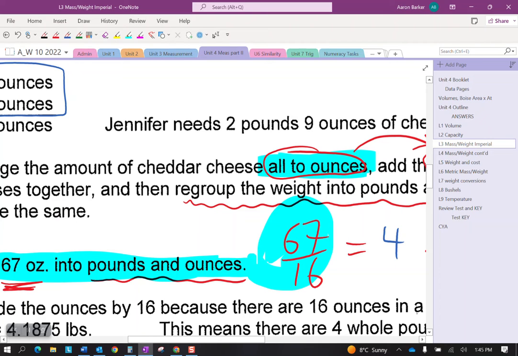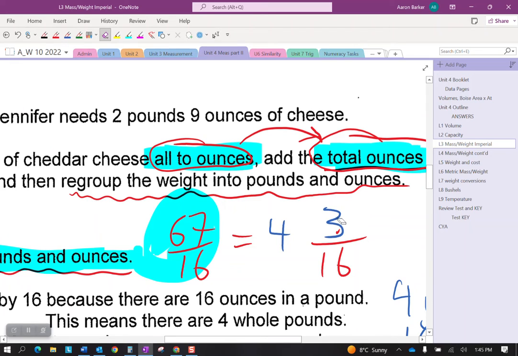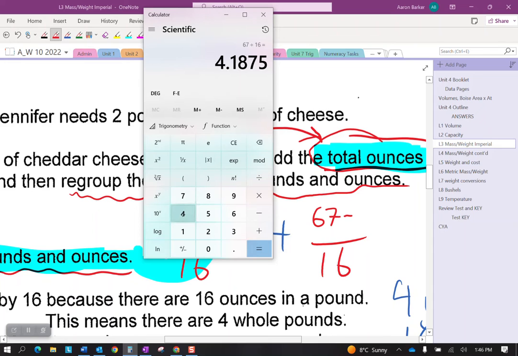Okay. What we have to do now is figure out what's left over. So the leftover part will be 67 minus what? No, it's 4 groups of 16. How much is 4 groups of 16? 64. 4 times 16, 4 groups of 16, 64.